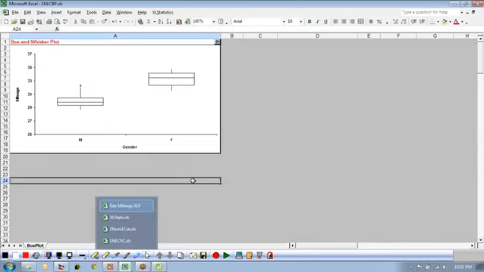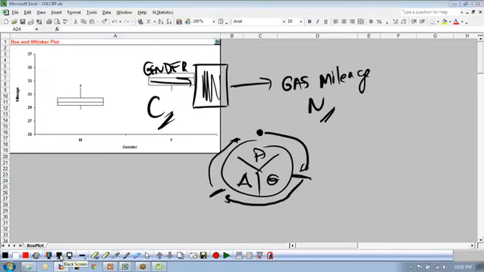So we can run the hypothesis test. Now let me show you what that looks like. The hypothesis test is going to look a little bit different. In a hypothesis test, we break it up into two different possible states that are true, what we call the null and the alternative.